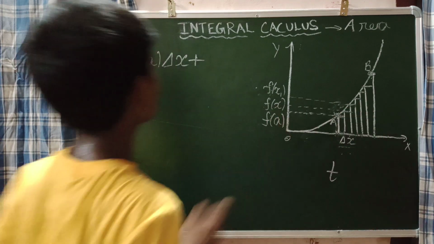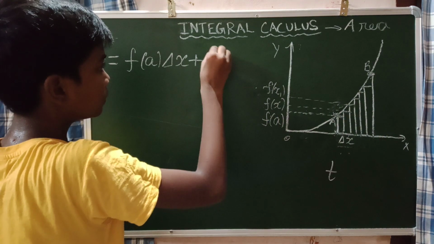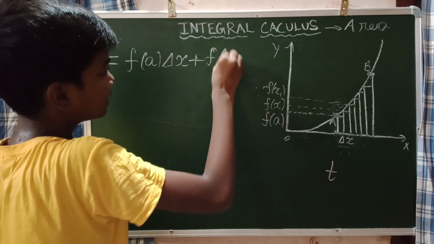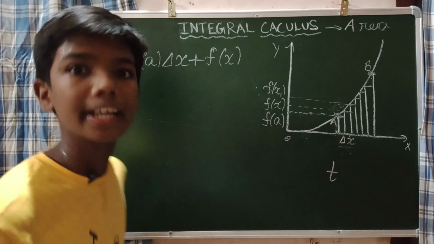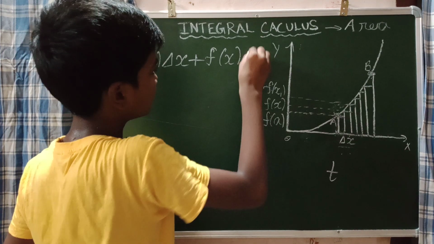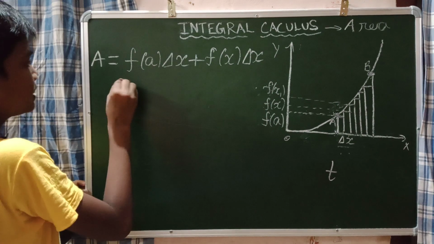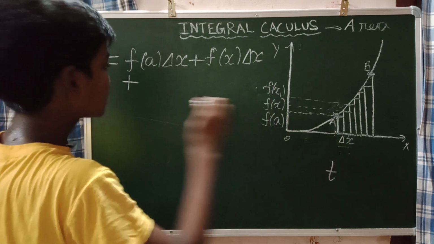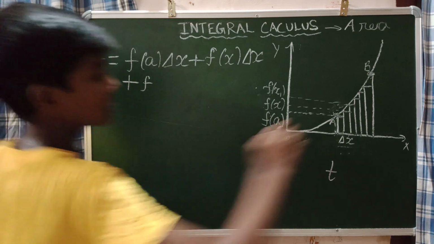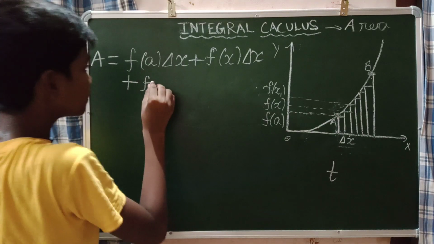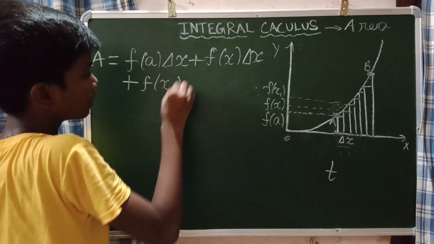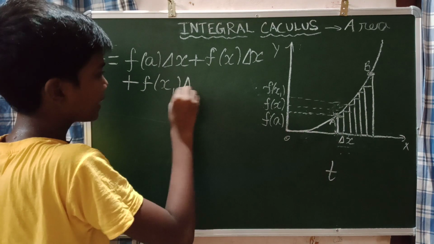It is f of x, into delta x, plus f of x1, because for the third strip the length is f of x1. What is the breadth? As I told, it is delta x.